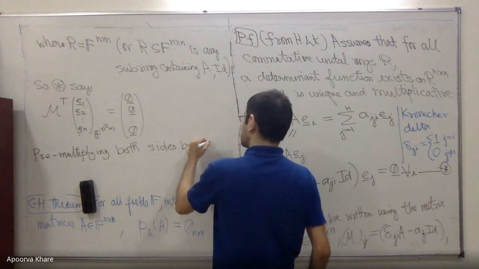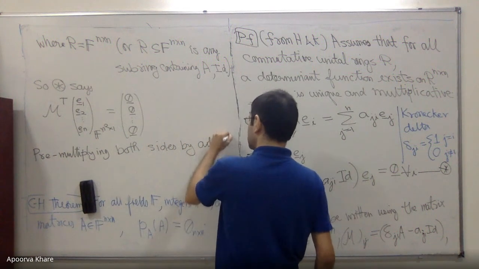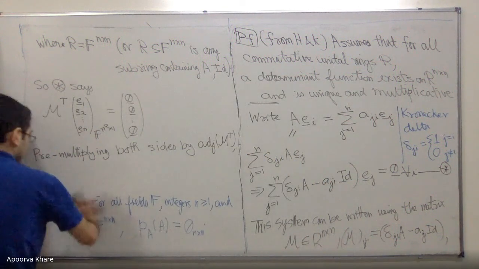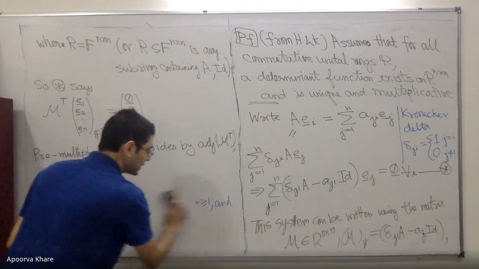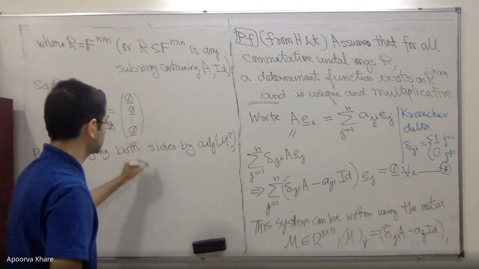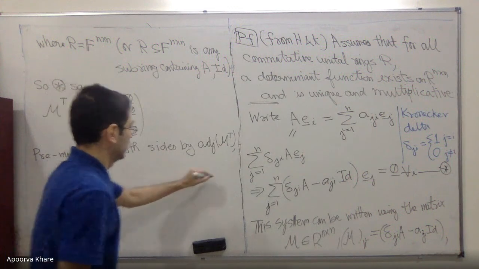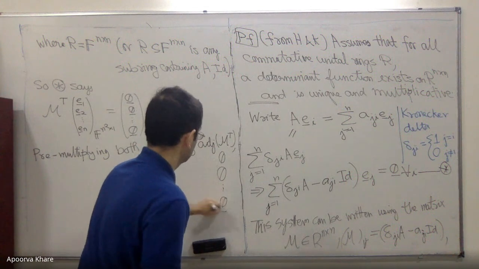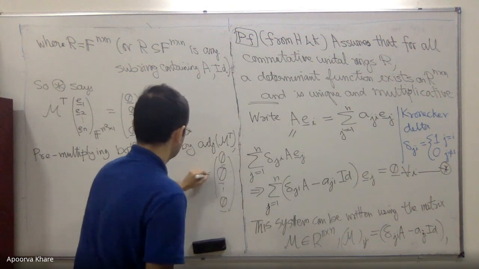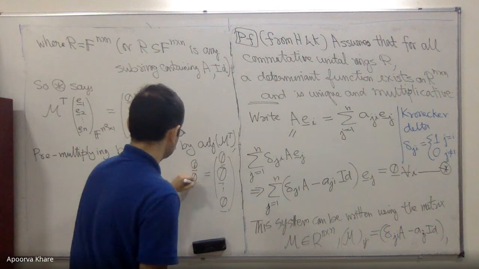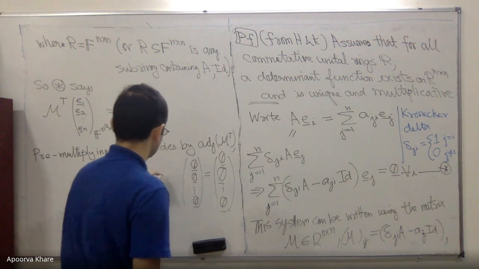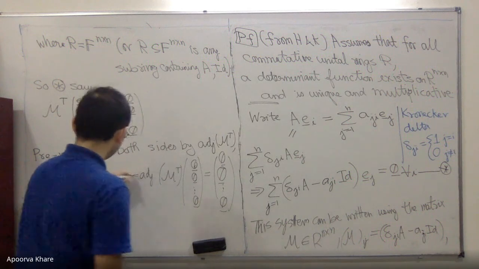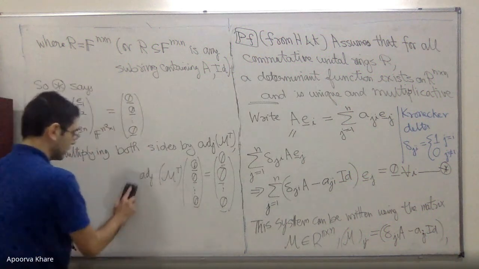Re-multiplying both sides by the adjugate, I think we saw this last time, or maybe two classes ago. M transpose, what do we get? Now the right hand side is 0, because the adjugate of M transpose times 0 is 0. So 0, 0, 0. And that is the same as the original vector times the adjugate of M transpose. On the left hand side, what you get is the interesting thing.